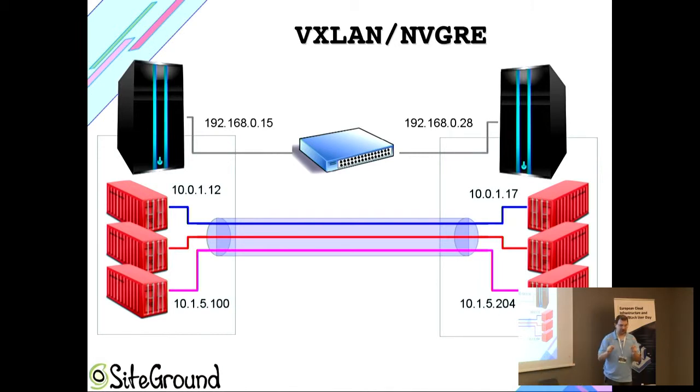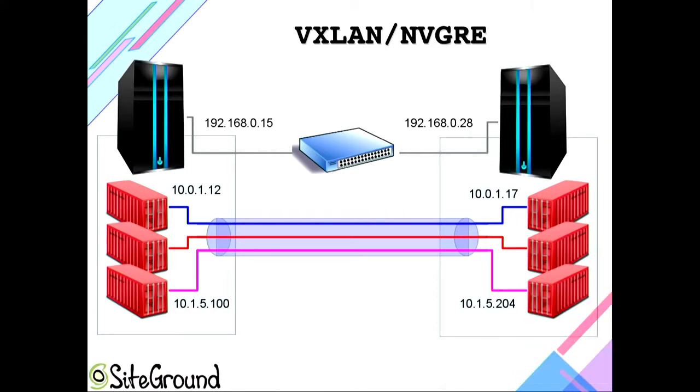So the idea here is that we have routing inside the host node. So this part here is one single host node, and this part here is another single host node. You route the traffic across this tunnel, and what you get inside the network on the switch, you get a simple unicast packet from this host to this host.